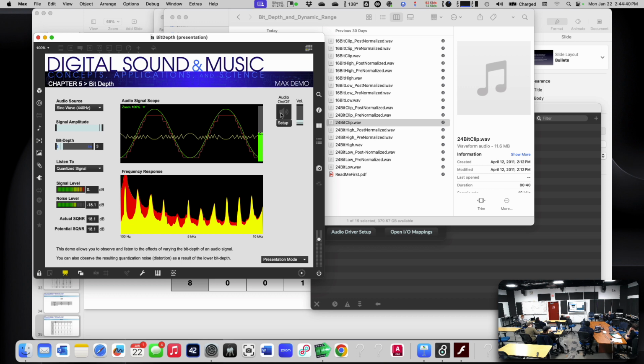Because that's what the CPU does. Depending on what kind of CPU you have, it's either 32-bit, called floating point, or 64 bits, which means your potential to introduce quantization noise while you're messing around inside of the application is really minimal, because all of that processing is done at much higher bit depths.